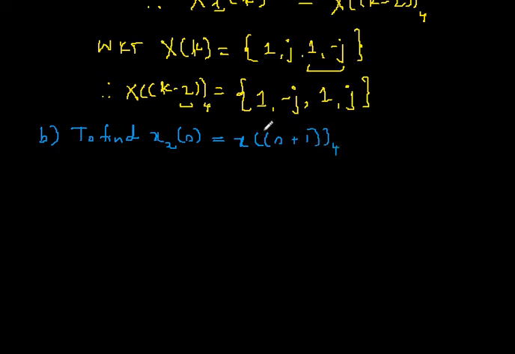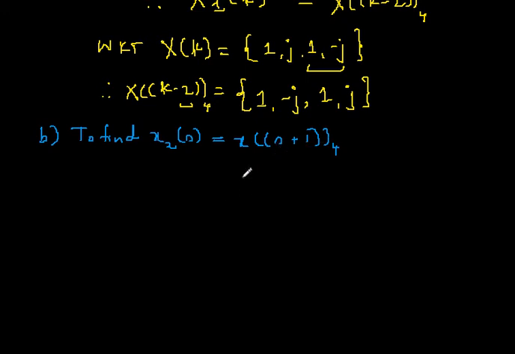So how do I find this? Are we getting it? First try to find what is x of n plus 1. X of n plus 1 is nothing but a circularly time shifted sequence. Is that okay? So I have to make use of the circular time shift property. That should come to the mind immediately.